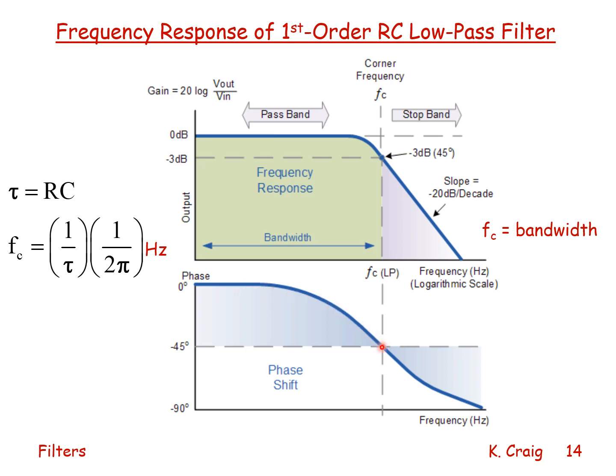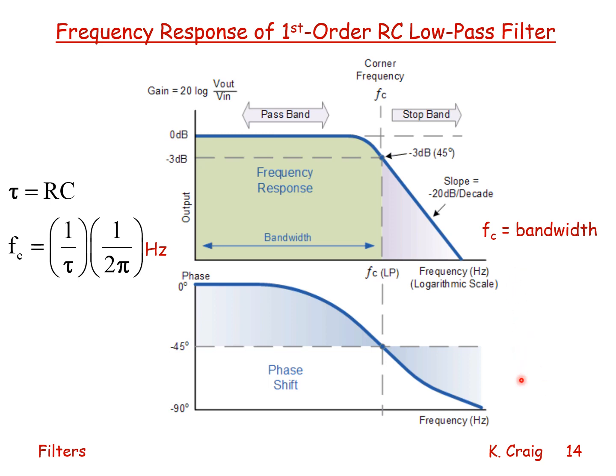And at the breakpoint, f sub c, the phase angle is minus 45 degrees, which means that the output sine wave lags the input sine wave by 45 degrees. It's exactly minus 45 degrees at the breakpoint. At high frequency, the phase angle will approach minus 90 degrees as the frequency increases higher and higher.